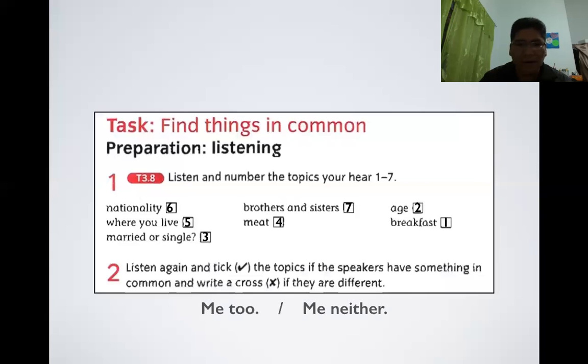Okay. The next exercise is number 2. Listen again and tick the topics if the speakers have something in common and write a cross if they are different. So, for example, if they say me too, it means yo también. Or me neither, that means yo tampoco.